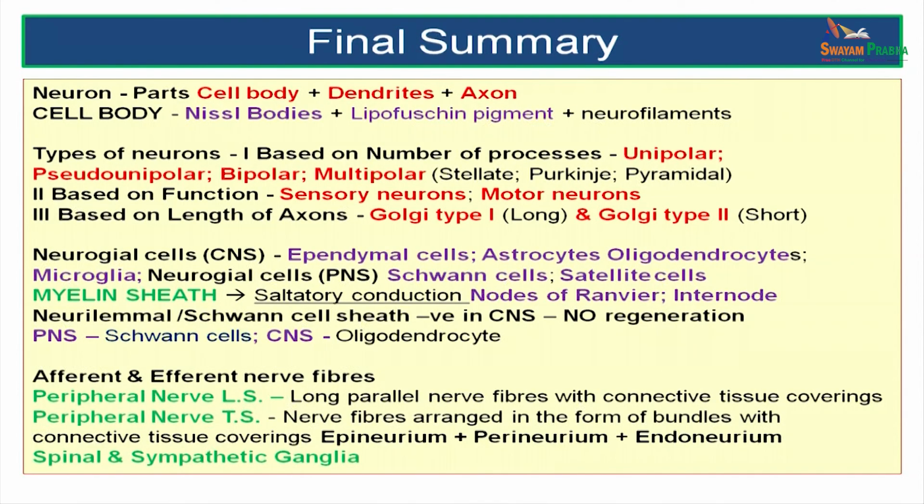Let's summarize everything that we have done today. Our topic for today was nerve and ganglia histology. When we spoke about nerve, we started with the definition of a neuron and its parts, the nerve cell body, the dendritic tree and the axon.